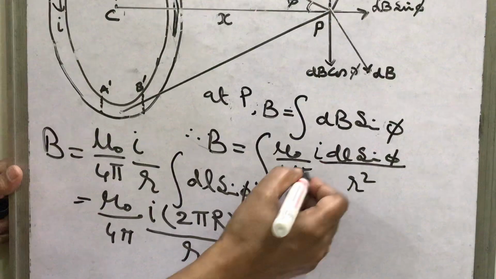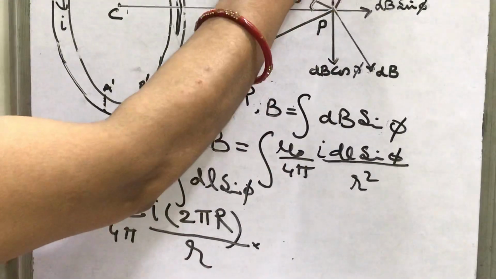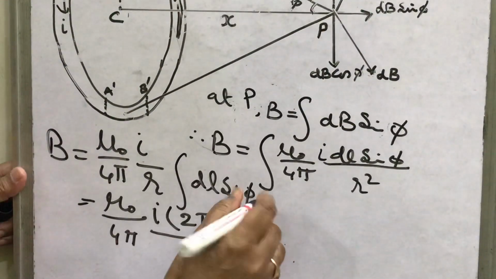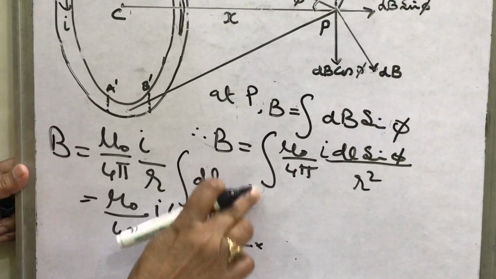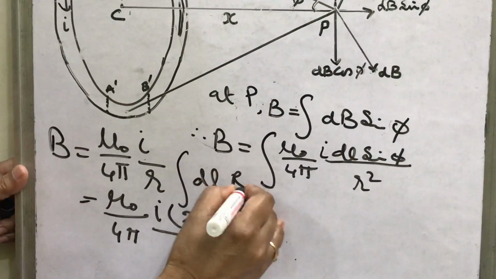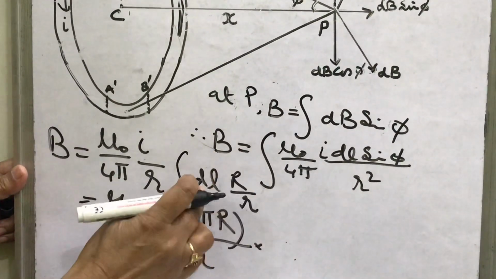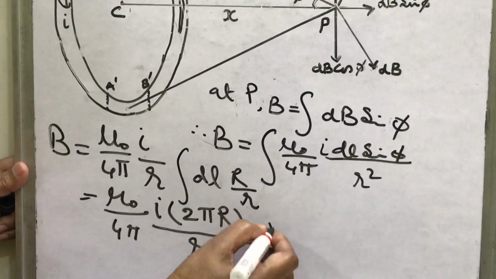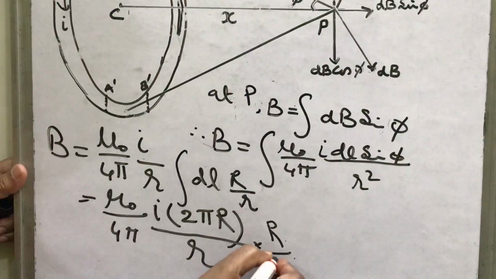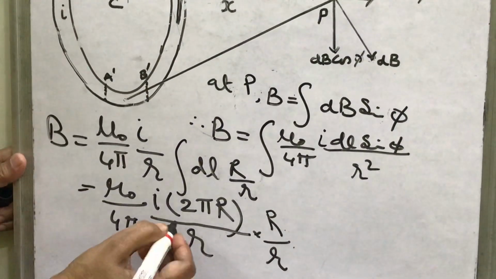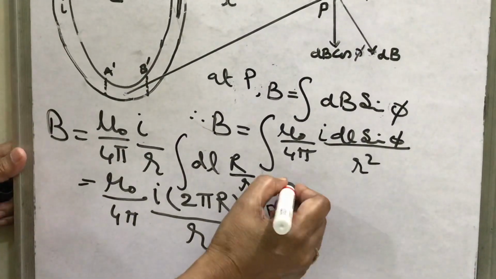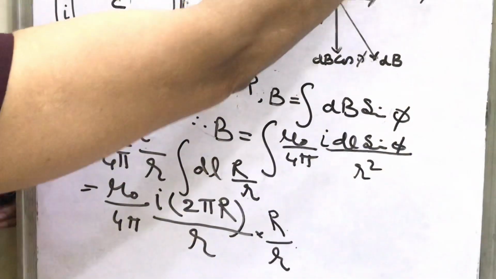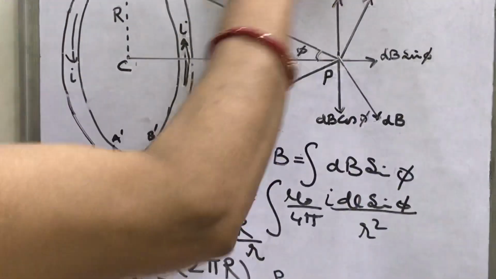The value of sin phi is r by R. So only the dl integration is 2 pi r, and r by R you have written here. What you will get here is the net expression for B.